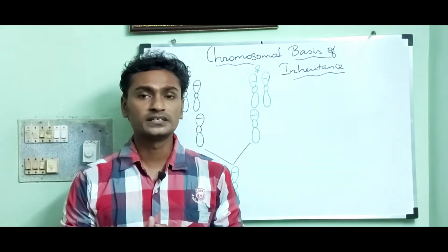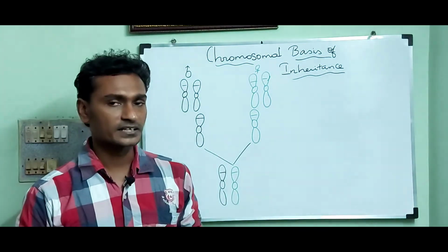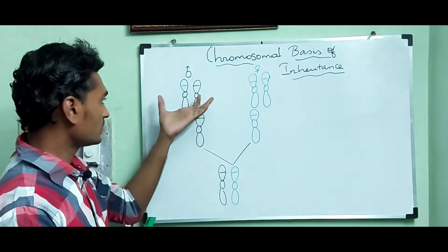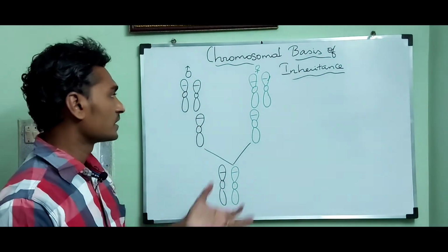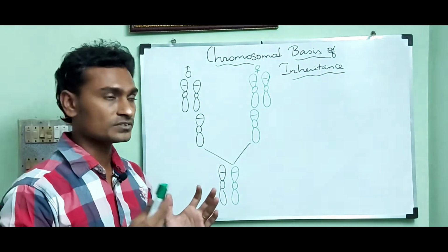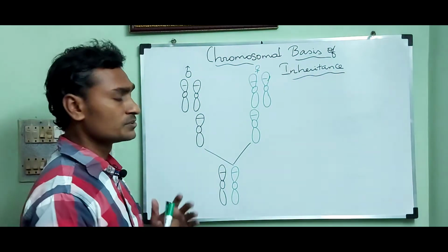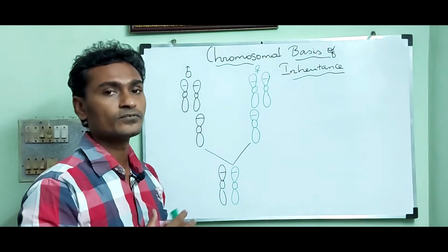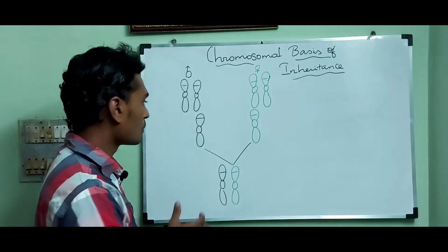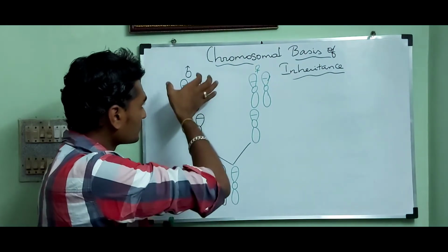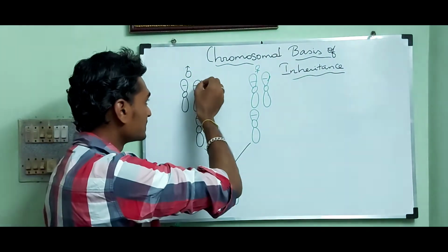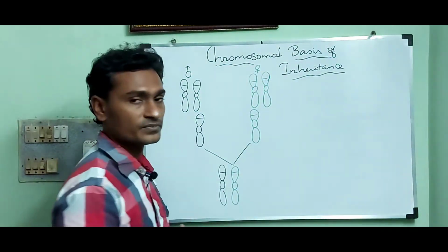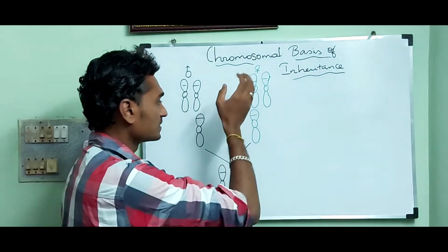I will explain this point with this diagram. So here we have two individuals. One individual represents the male, the other represents the female. Then during gamete formation, each chromosome segregates and forms into gametes. One gamete comes from the male parent and contains the hereditary traits of the male, and the other gamete comes from the female parent which also contains hereditary traits.